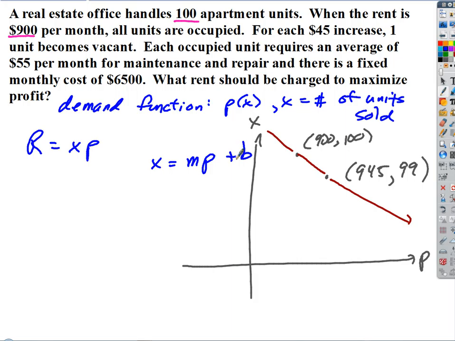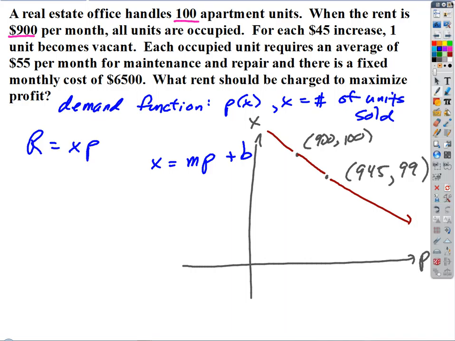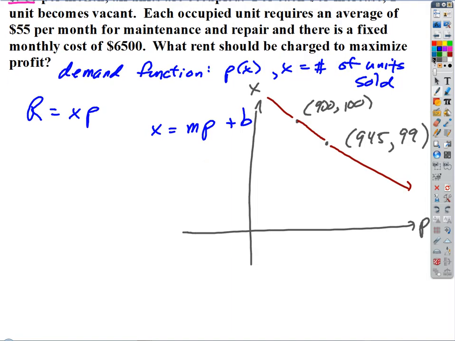We can pick either one of these points to substitute into our equation to find b. We just need to find m and b. Questions? Everybody okay? Okay. So if we plug this stuff in, then x would be 100 equals m, which we said was -1/45, times p, which was 900, so let's put that on top, plus b.